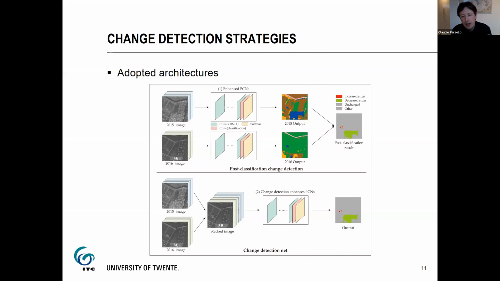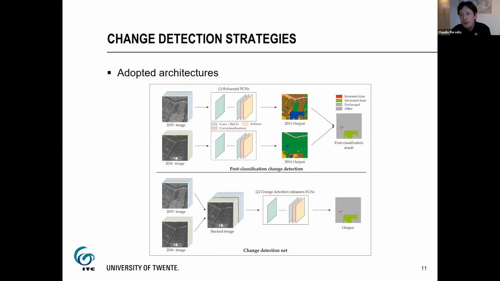After that, the two classification maps are compared to obtain a post-classification change detection result. Another approach, alternative to this, is to simply combine the bands, the features of the two images, and then train the FCN to directly predict the changes.